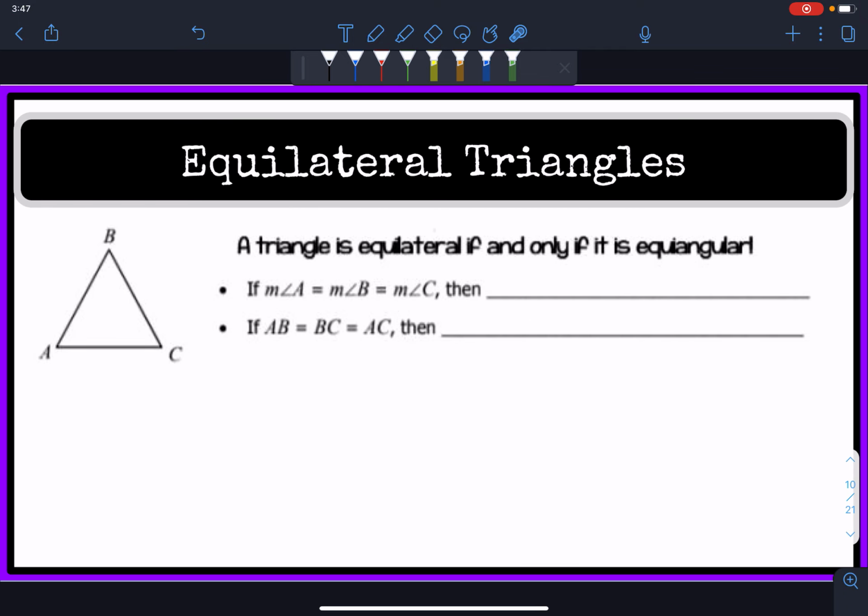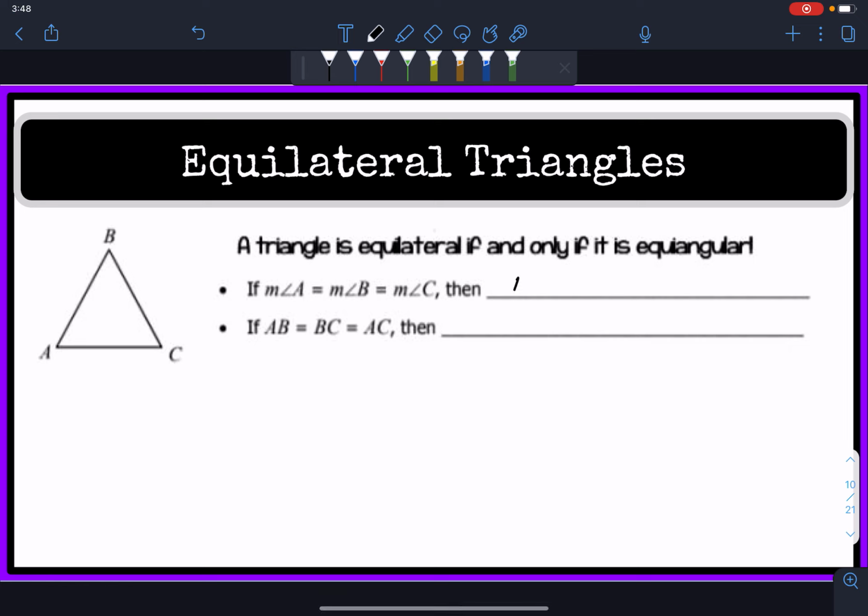Now, moving on to equilateral triangles. A triangle is equilateral if and only if the three angles are equal to each other, then the three sides are equal to each other.